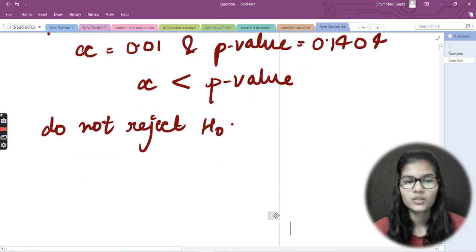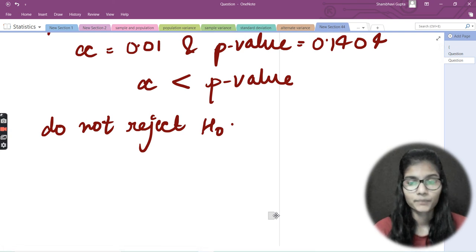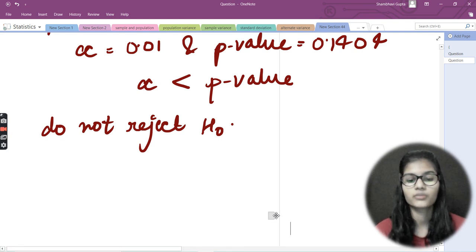So I could conclude that at a 1% level of significance, from the sample data which we were given, there is not sufficient evidence to conclude that there is a difference in the proportion of adult patients who did not react after 30 minutes to medication A and medication B.